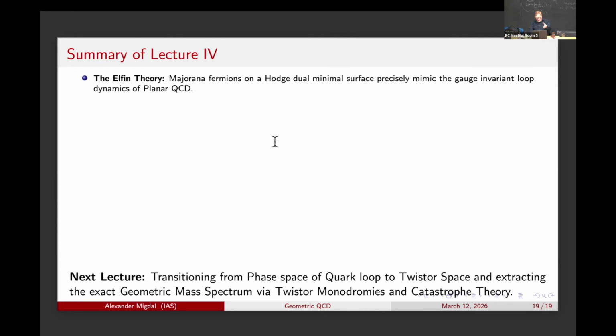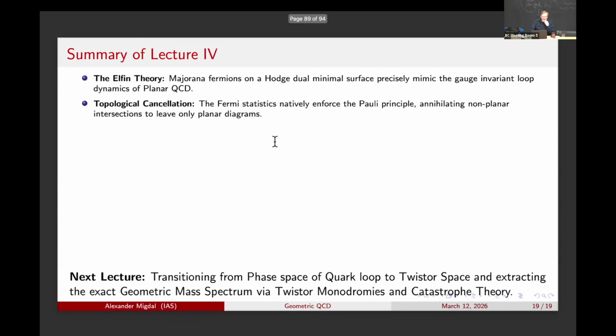So anyway, I have proven to you at the level of physics hand waving that Majorana fermions on a Hodge dual minimal surface precisely mimic the gauge invariant loop dynamics of planar QCD. There are topological cancellations. That is, I would say, the bulletproof part of the whole construction.